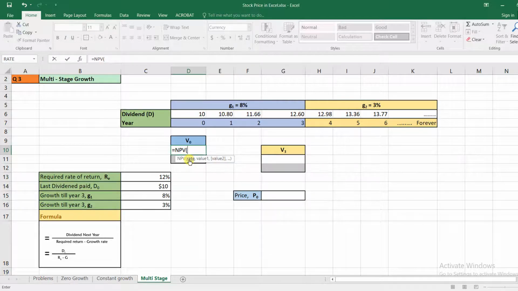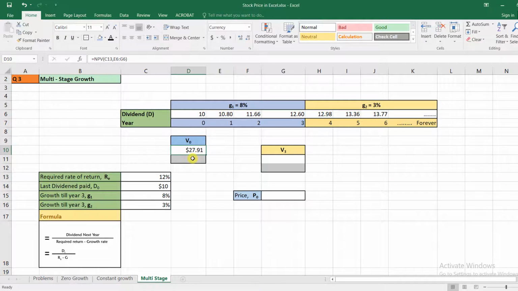This will calculate the present value of these future cash flows. You need to provide the rate. The rate is the required rate of return. So select this cell, press comma, and then select the next year's cash flows. You can just select one cell and hold down the shift key and select the last one. Close the brackets and press enter. So the present value of these 3 cash flows is $27.91.